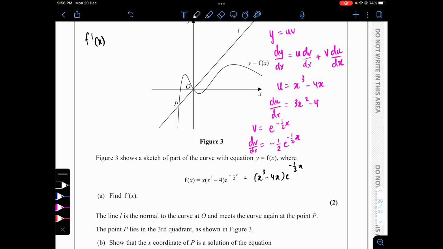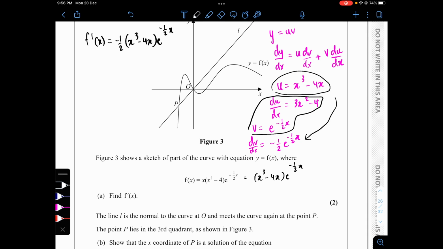So now let's find what the differentiation will be. We take u and dv over dx, so that will be minus a half, x cubed minus 4x, e to the power of minus a half x, and then we multiply the other two and add them, so plus 3x squared minus 4 e to the power of minus a half x.